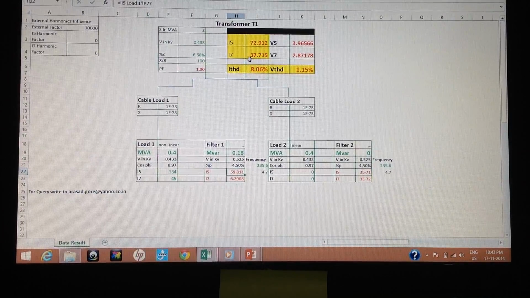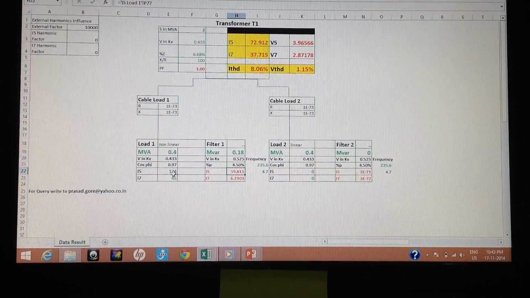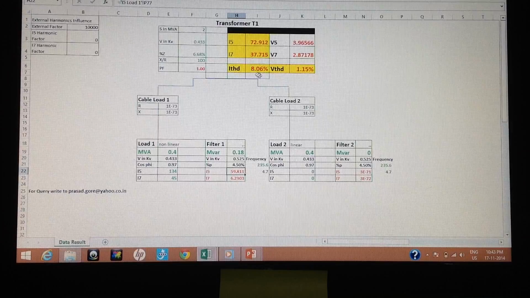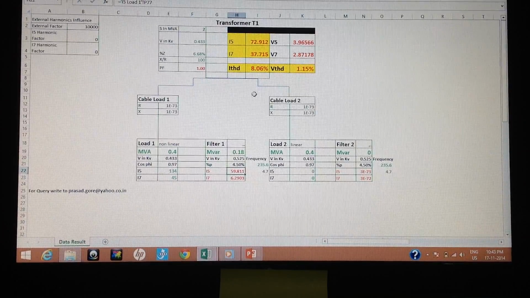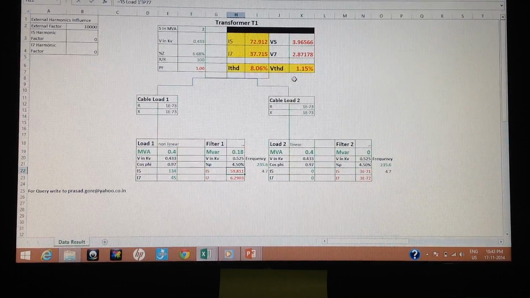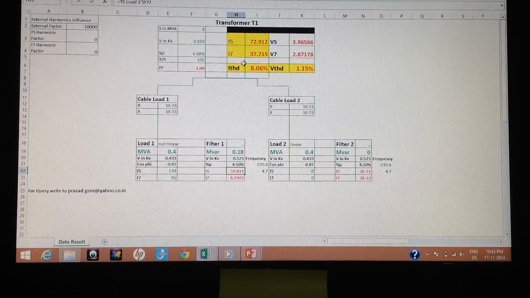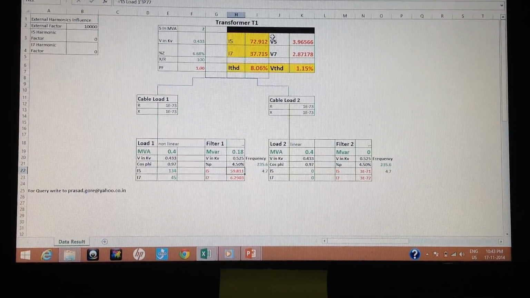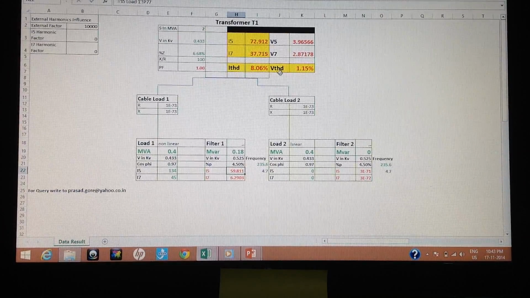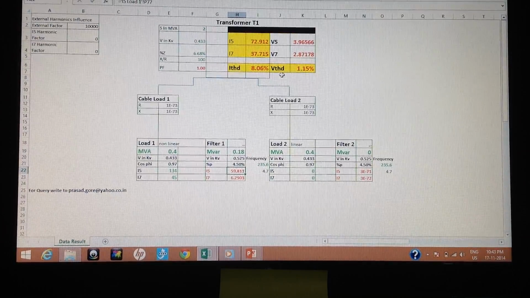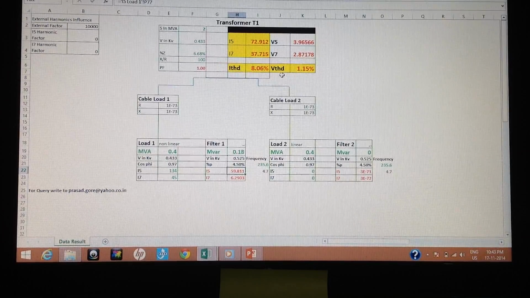I7 was 43, now it is 37. And the overall ITLG effect is 8.06 from 13.31. With the 7% harmonic filter, I5 was 116 ampere and I7 was 40 ampere. This is a very good amount of reduction, and it can meet some international standards.